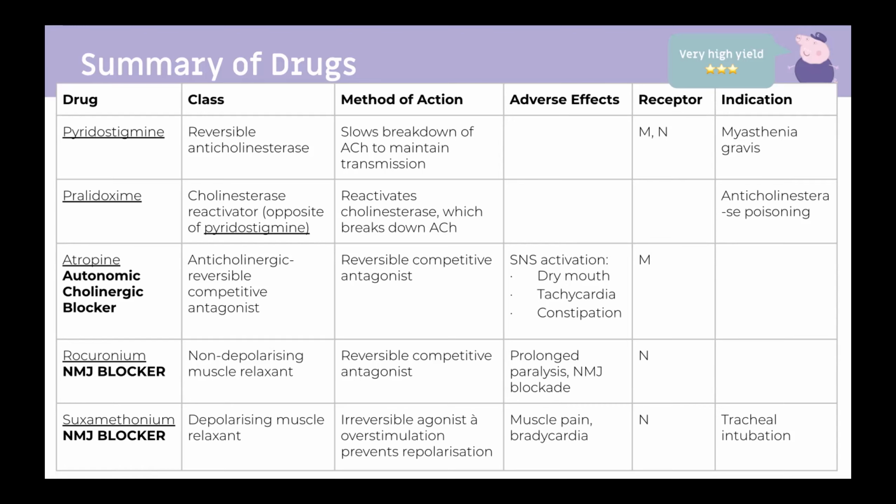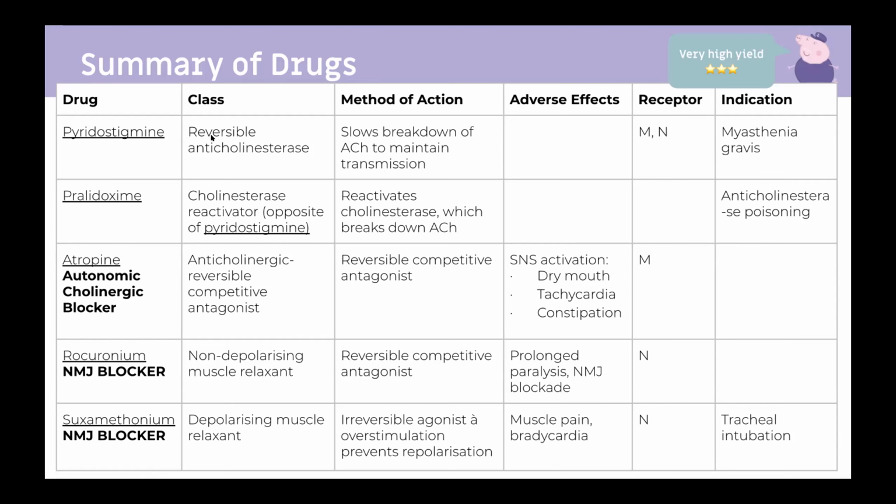Because you're inhibiting the breakdown of ACH, there's going to be more ACH left in the nerve terminal, okay? And this can be used, for example, in a condition known as MG, myasthenia gravis, okay?